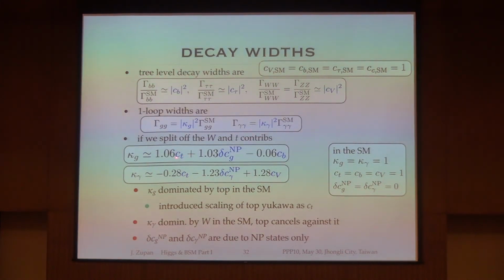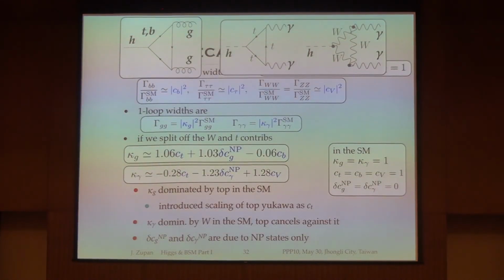So if you modify the top coupling, there's an order 1 coefficient sitting in front. You could also have other contributions from heavy new states running in the loop. So that again we have a coefficient which is roughly 1 times this new effective coefficient.